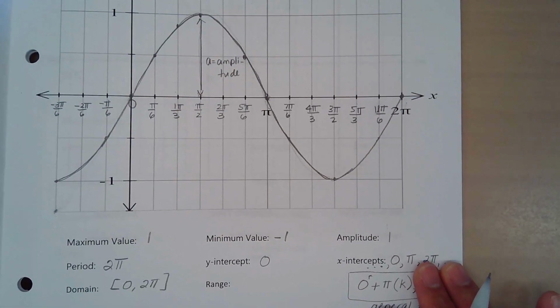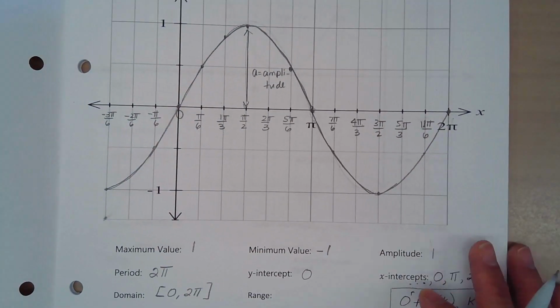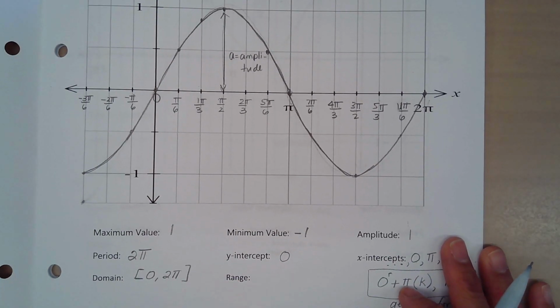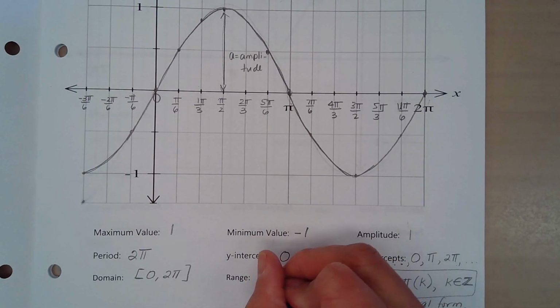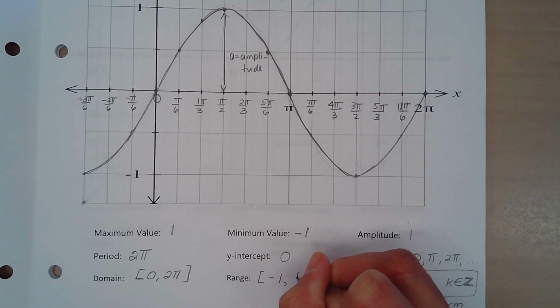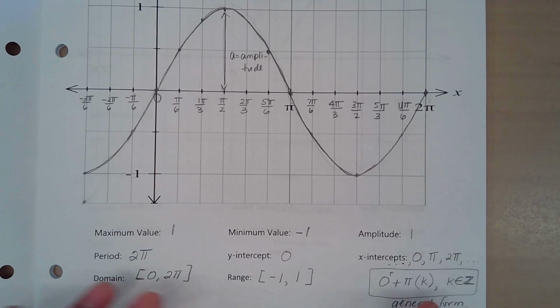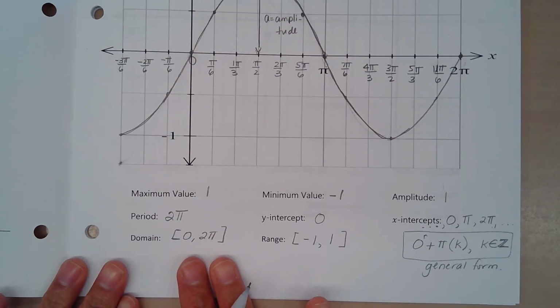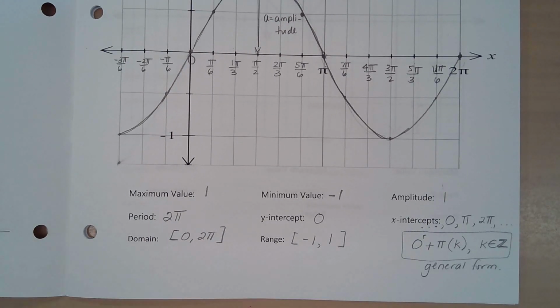What about the range? Range are the possible y values. So what are the possible y values? Negative 1 to positive 1. Okay, so this is called interval notation, when you have the beginning to end, minimum to maximum. Now, what about the set notation?